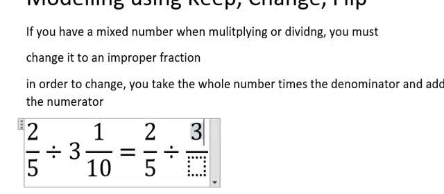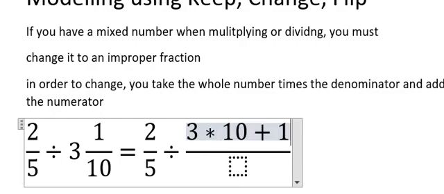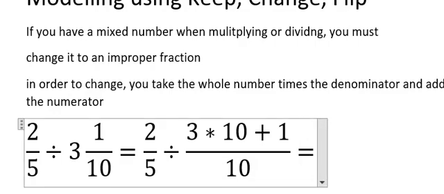Now, I'm going to show you exactly what I do so that you can see. So I go 3 times 10 plus 1. 3 times the denominator plus the numerator. And then it's going to be over 10 because that's your denominator. So then that's going to equal, I'm just going to copy and paste it to make it a little bit faster for me.